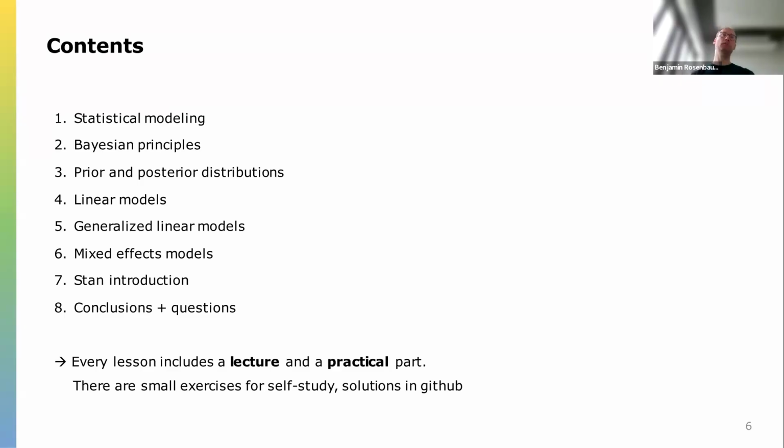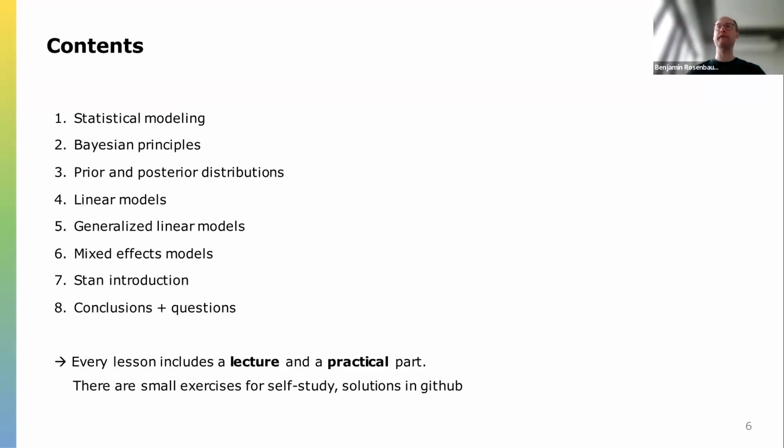And afterwards, we will go through kind of classical groups or classes of models, linear models, generalized linear models, and also mixed effects models. The 7th lecture is dedicated to Stan. So this is a programming language which brms is based on.